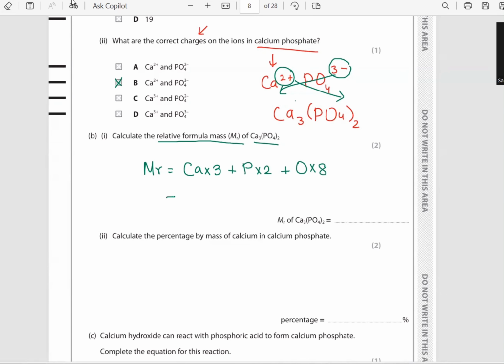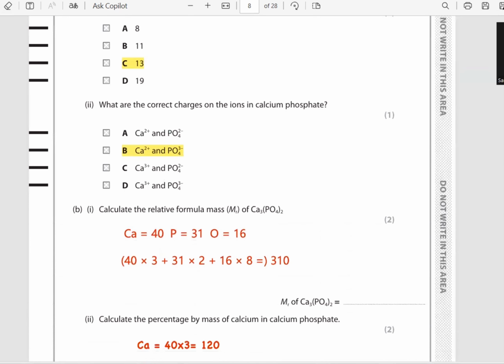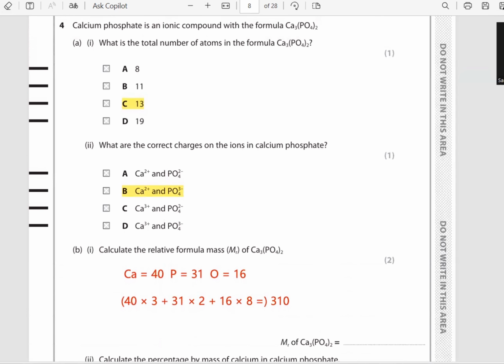And then we will write down their AR values from periodic table, means their atomic masses from periodic table. And then we will do the calculation. Here, the AR of calcium from periodic table is 40. Phosphorus is 31. You can check periodic table. Oxygen is 16. By working out, we get 310 answer.